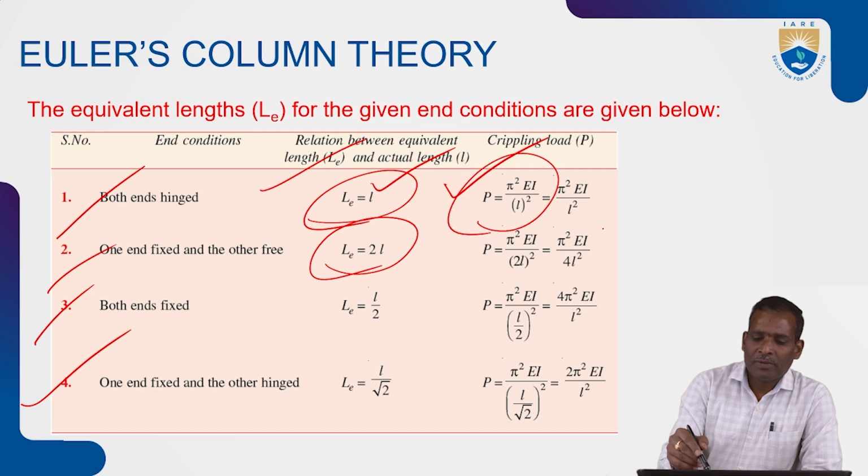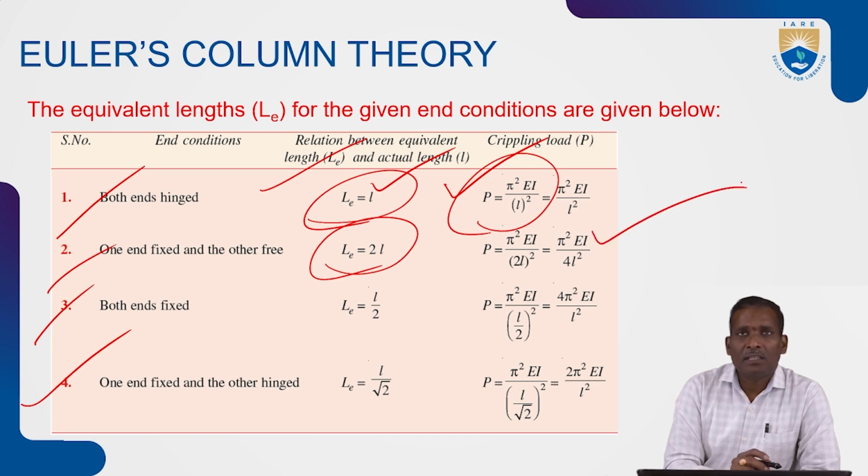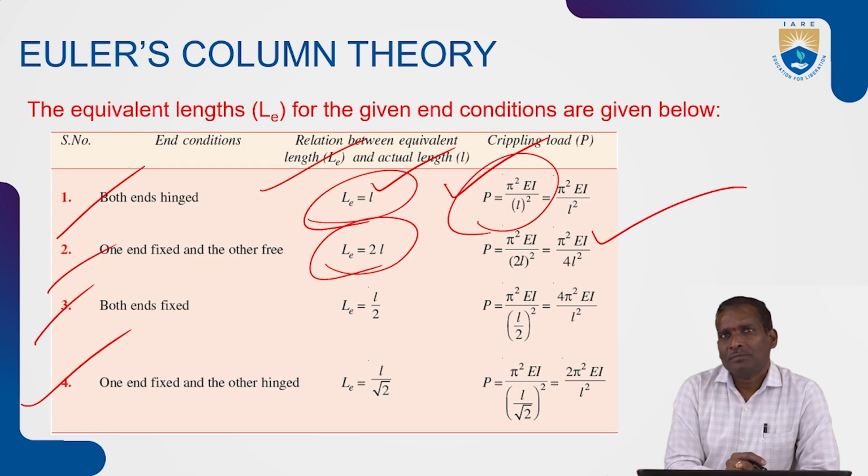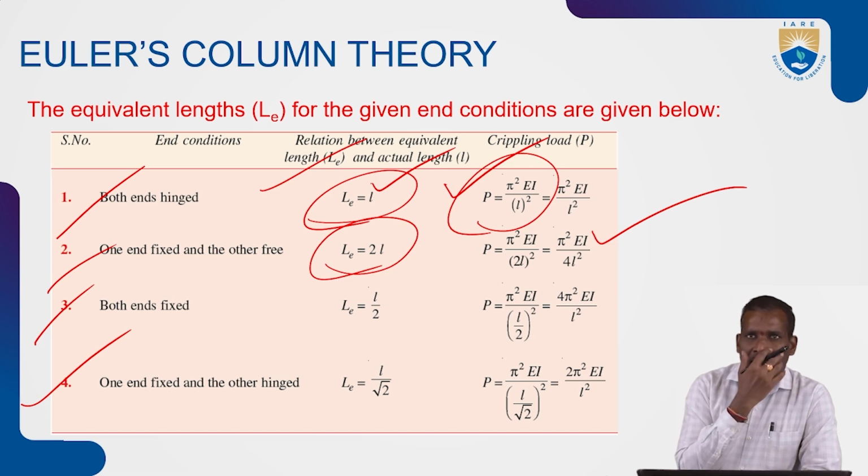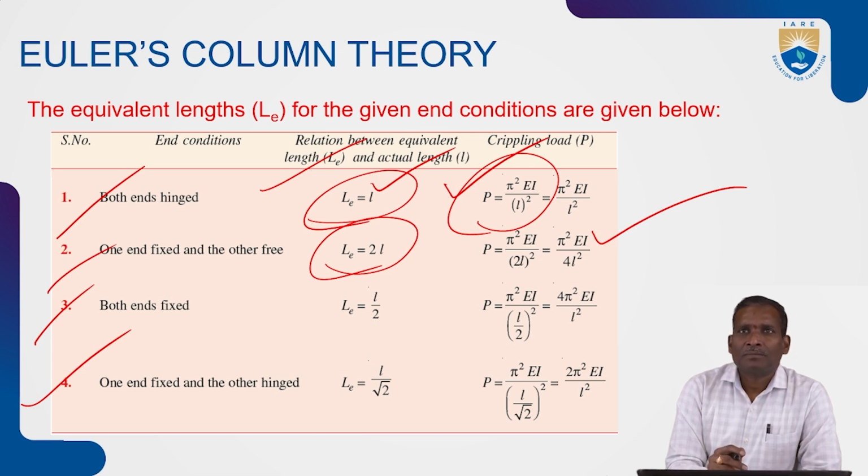So π²EI by 4L² is the final crippling load equation. π²EI by L² uses the actual length. So you can write this equation, π²EI by L², with LE equal to 2L.